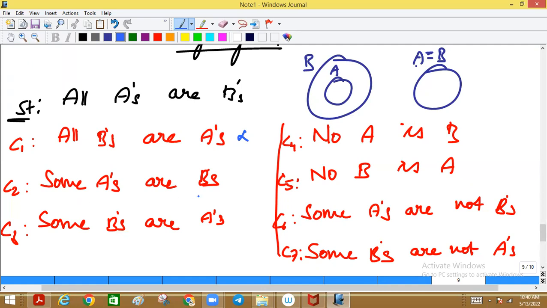Now, some A's are B's: is it correct in case of conclusion 2, yes or no? Because when there is an intersection between A and B, some A's are B's will obviously be correct. Or remember another way, without using the diagram: when I say all in the statement, if I'm taking some in the conclusion, is it possible? For example, all of you got the ranks.